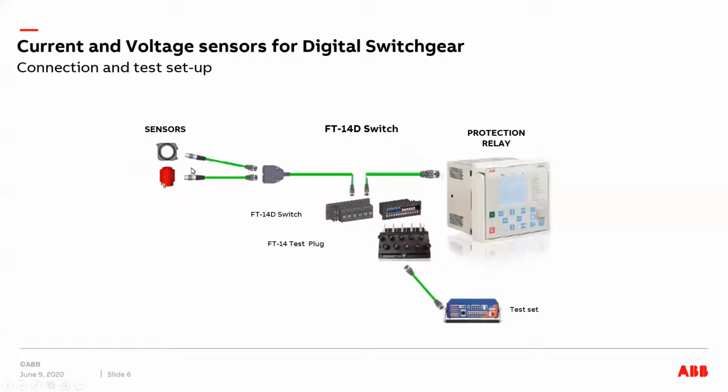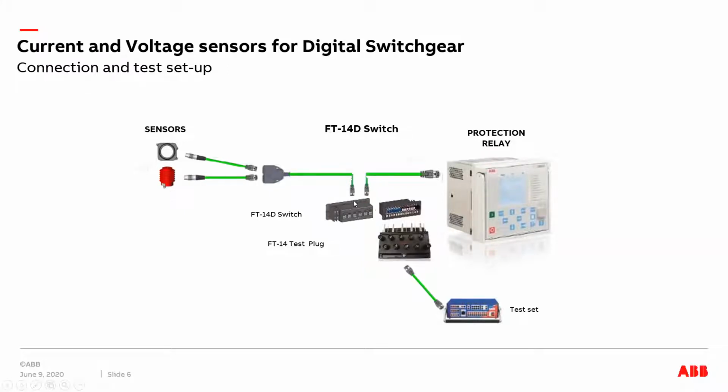The output of these devices is a millivolt or a volt signal, which goes into an adapter. This is per phase. What you see here, let's say, is an A phase current sensor and voltage sensor, and then through an adapter the signals are combined and fed into the IED. Here, you see a test switch called FT14D.